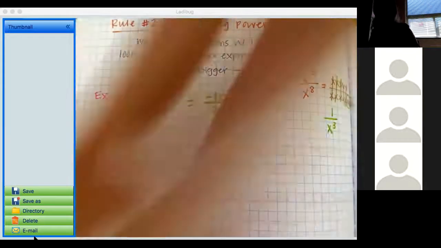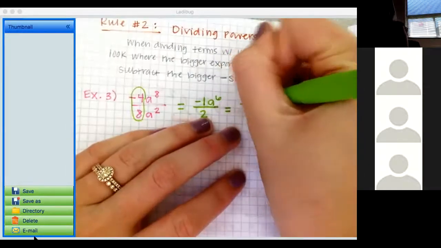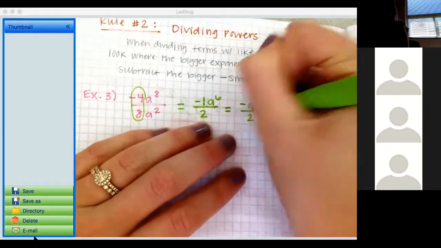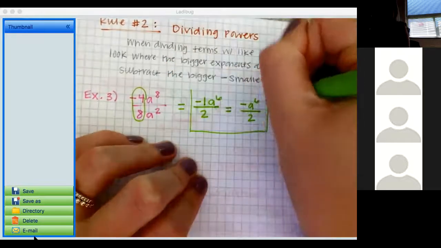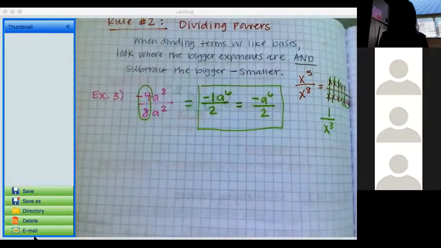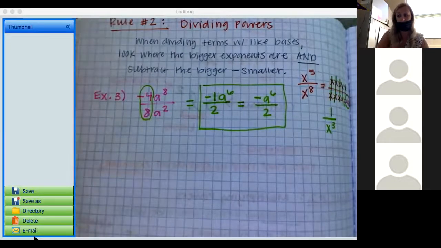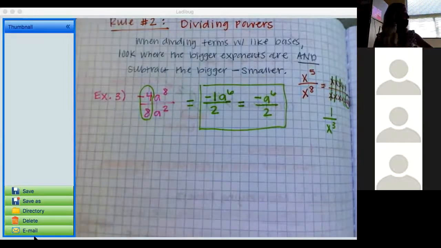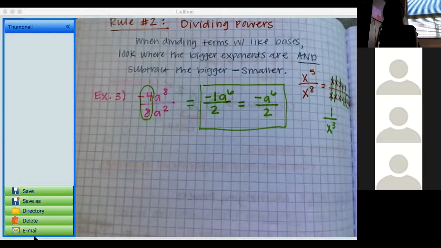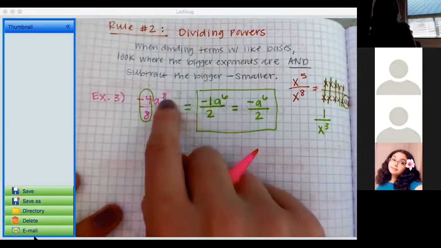So you could also see this as negative a to the 6th over 2. I will take it either way. Delta Math will take it either way because they mean the same thing. Does that make sense? All right, let's do another one. 8 minus 2, baby.